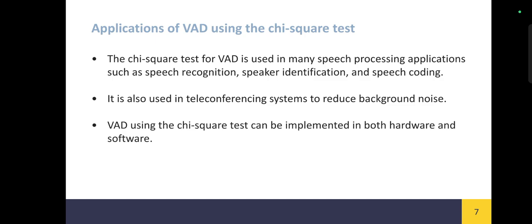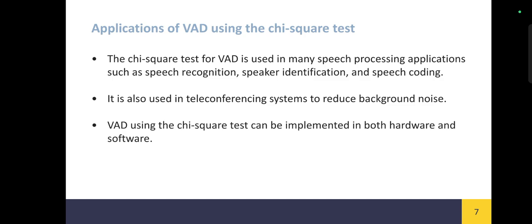It is also used in teleconferencing systems to reduce background noise. VAD using the chi-square test can be implemented in both hardware and software.